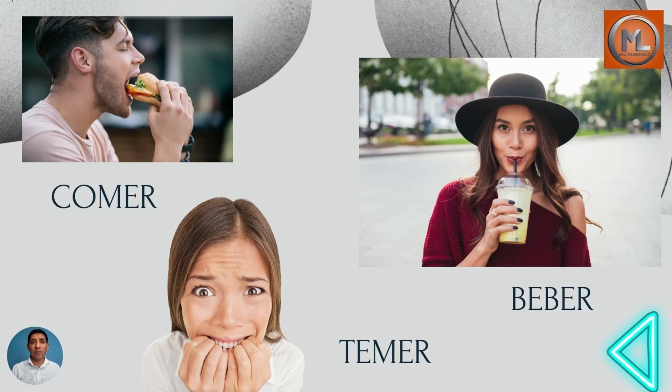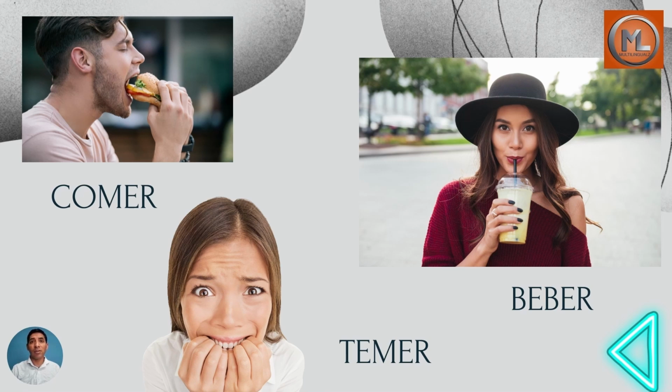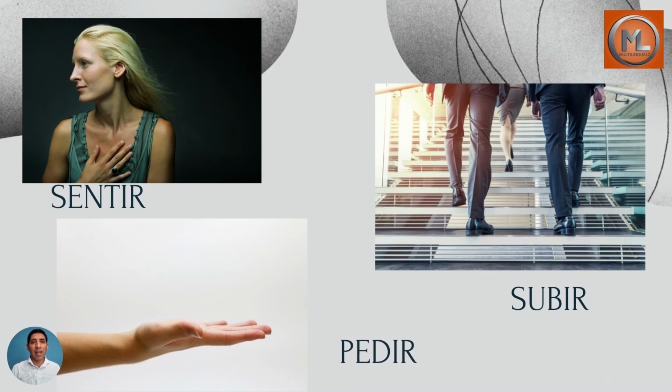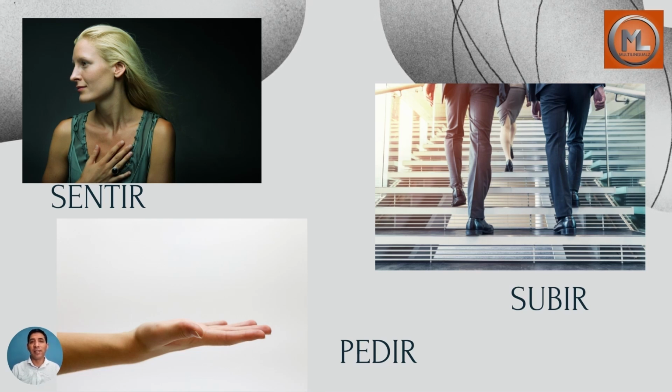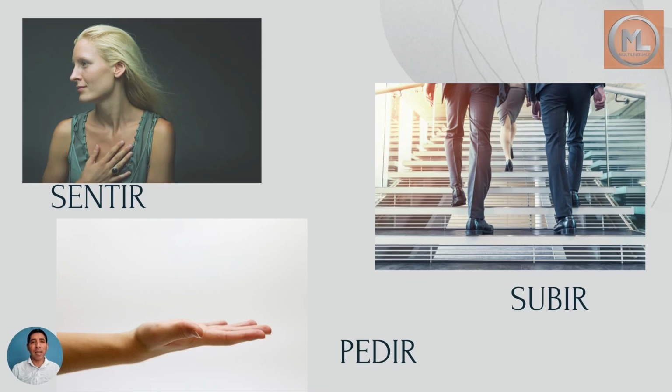Now, these are some of the verbs in the second conjugation, ER: comer, to eat, beber, to drink, temer, to fear. And this is the third conjugation, IR, such as sentir, to feel, subir, to go up, pedir, to ask.